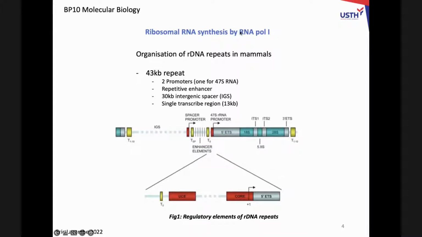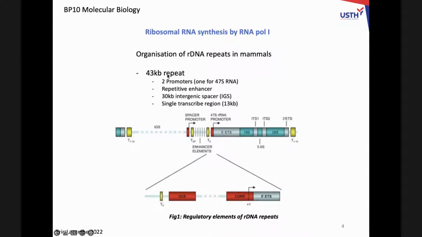So this RNA polymerase only transcribes the rDNA, which is the DNA that is going to be transcribed into ribosomal RNA. So what's happening in mammals, this is the best documented data in mammals for that.